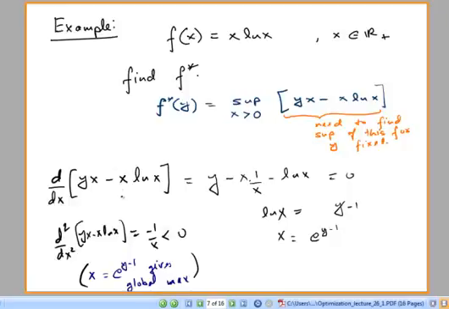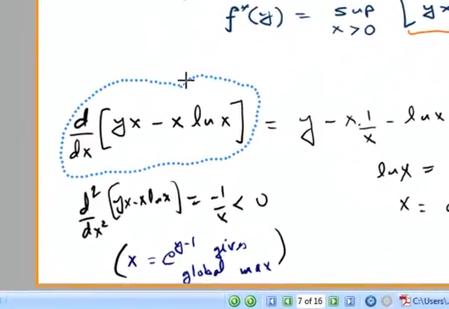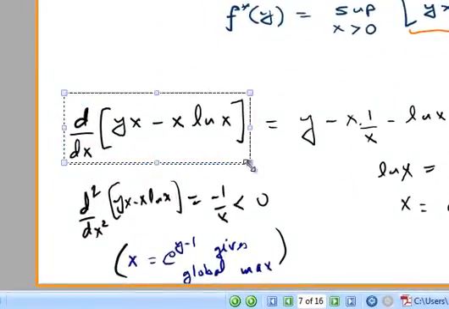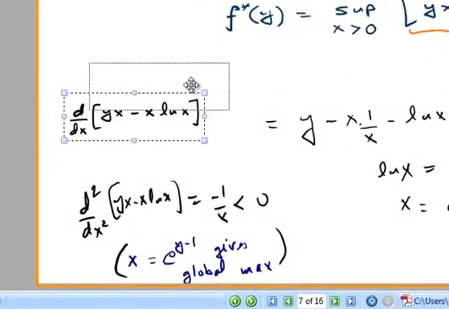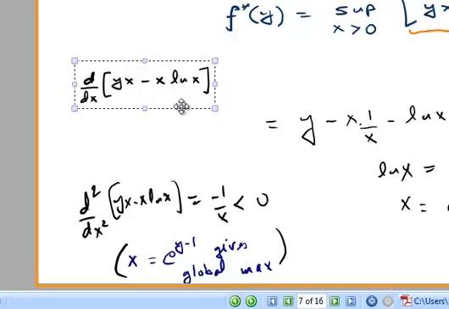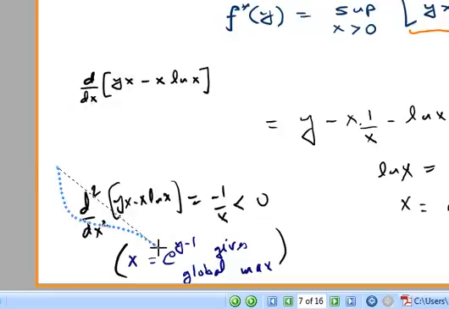This expression, over all the points in the domain. The domain is everything, all the x's are positive. So they're both basically the same thing.